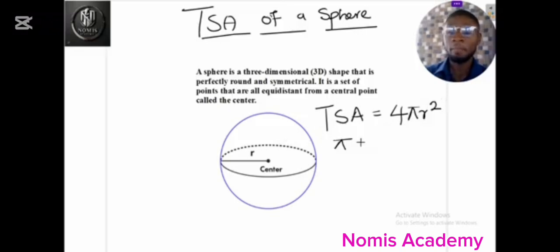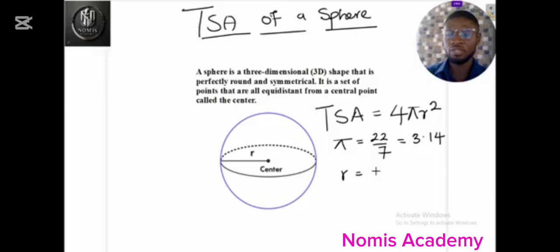Pi, we all know, is equal to 22 over 7. Pi is the ratio of circumference to diameter of a circle, right? So 22 over 7 could be taken as 3.14 to 2 decimal places. And r is the radius of the circle.